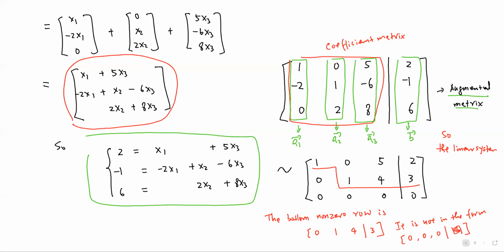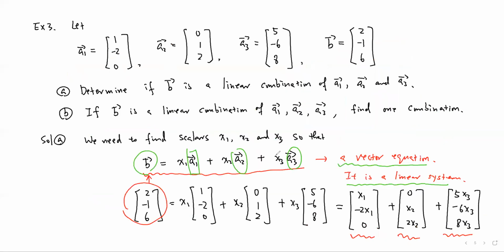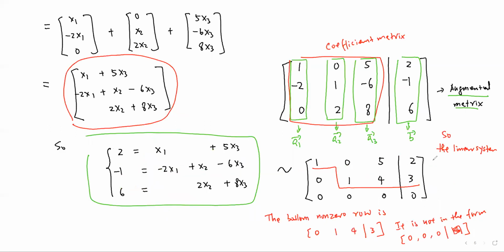So the conclusion is, the linear system, or the vector equation, let me give a name to this vector equation, say vector equation 1, must have a solution.